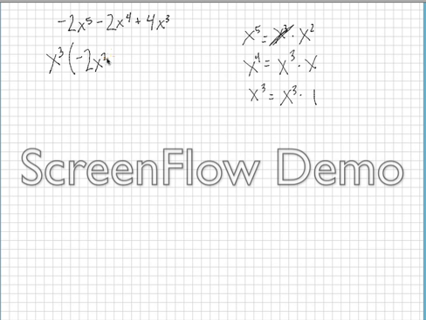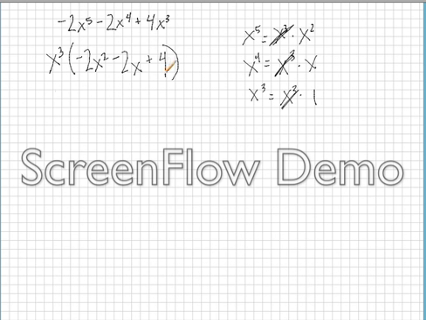So I'm going to put x squared here, negative 2, x to the fourth factors into cross out x to the third. All we're left with is x, and 4, cross out x to the third, we're just left with 4 times 1, so just 4. So that's one of our first factors.